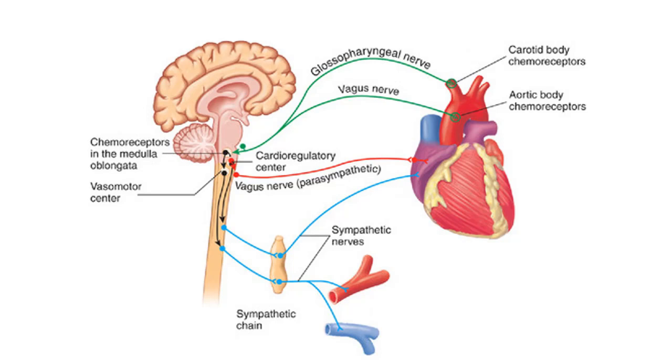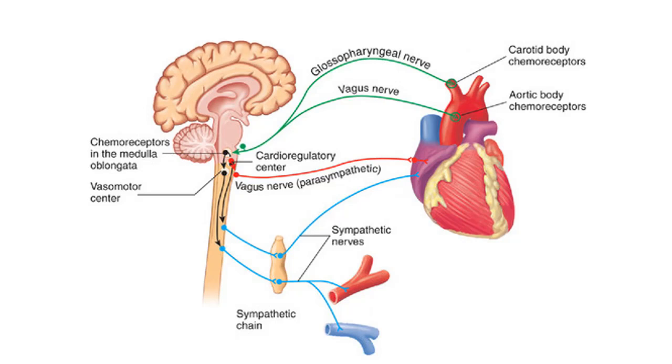So chemoreceptors in the carotid and aortic bodies monitor these chemical changes and send messages through the vagus and glossopharyngeal nerves to the chemoreceptor area in the medulla oblongata, and then this area sends excitatory neurons to the vasomotor center to activate the sympathetic system.